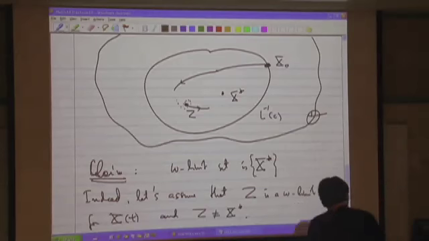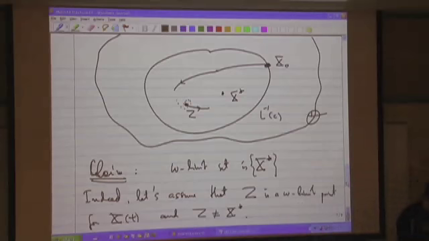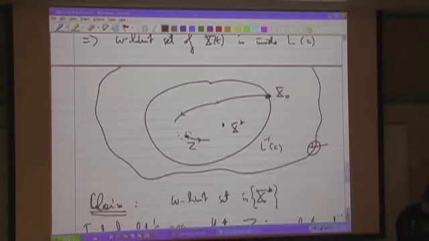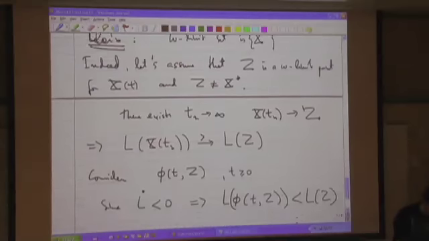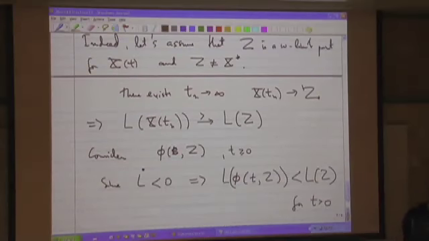So here's the argument to make: you start at z, but you take a different time, call it s, phi_s of z. Let me change this to s. You'll see why it's important.